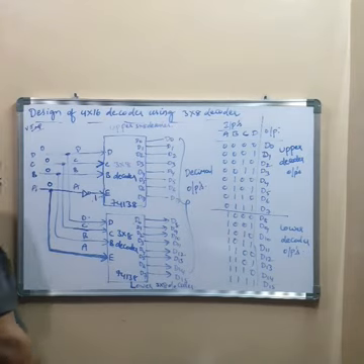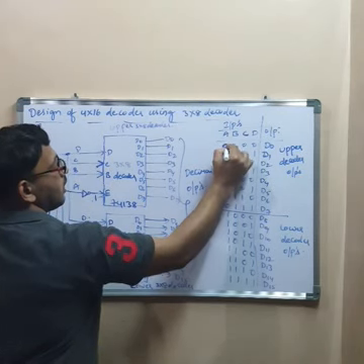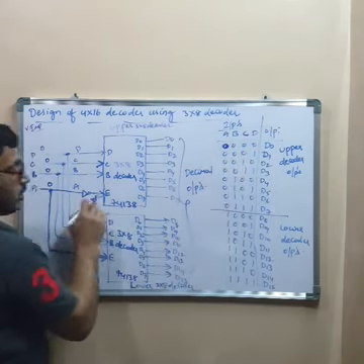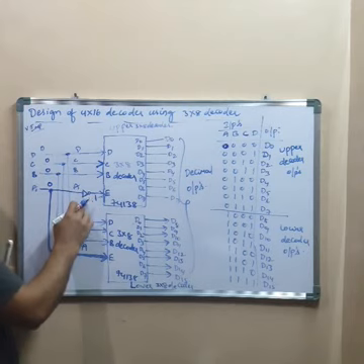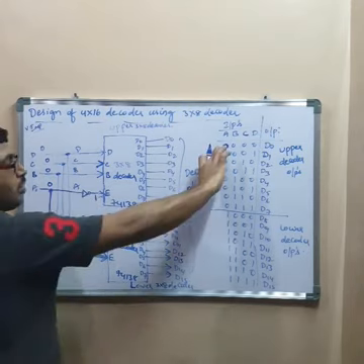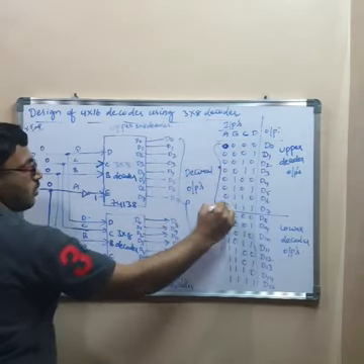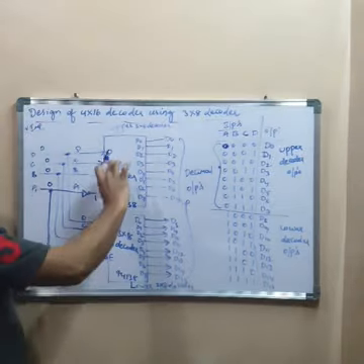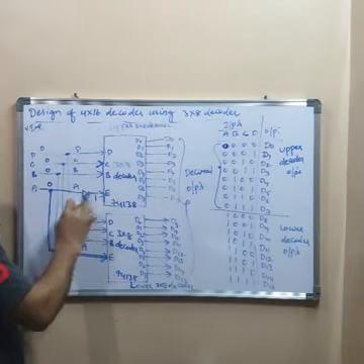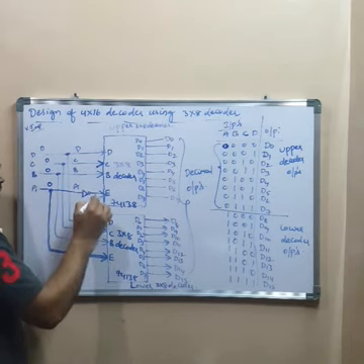First, for the first 8 combinations, the value of A is 0. I have connected A to enable input and passed this A to E through an inverter. For the first 8 combinations, 0 0 0 0 to 0 1 1 1, the enable input is activated. If you apply 0 to this end, it will become 1 at this output.